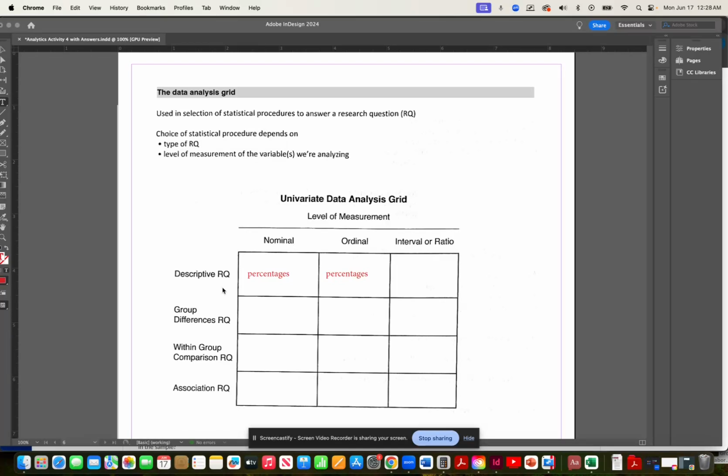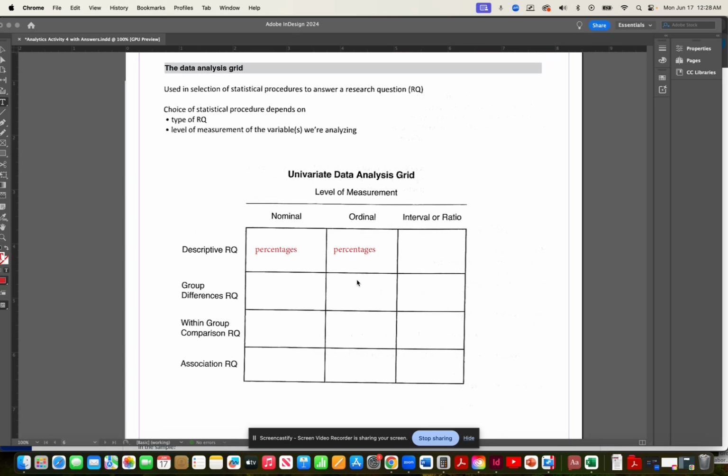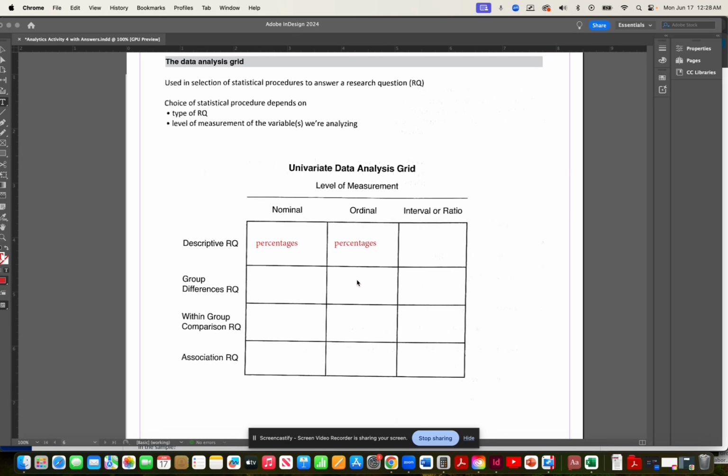And when they involve nominal data, it's going to be percentages. And then when they involve ordinal data, it's also going to be percentages. And that's really what I wanted to convey at this moment.